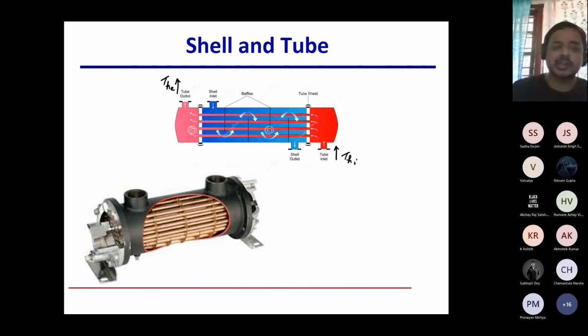Okay. Why did the temperature go down? Because it gave up heat. Gave up heat to what? Or to whom? It gave up heat to a cold fluid which flows through this outer shell, which is coming from here, flowing through this shell and coming out of here. So this is TCI, this is TCE.